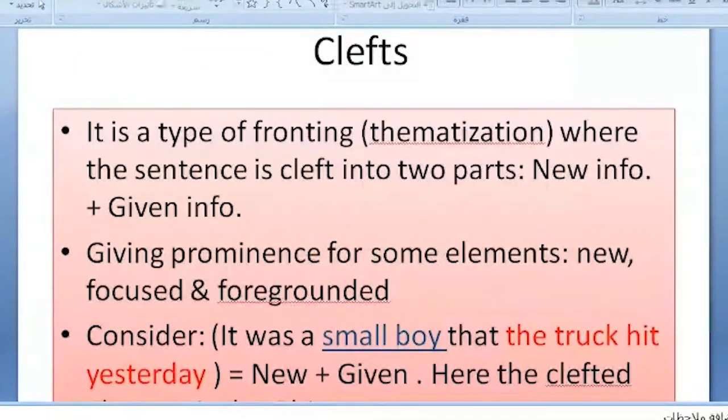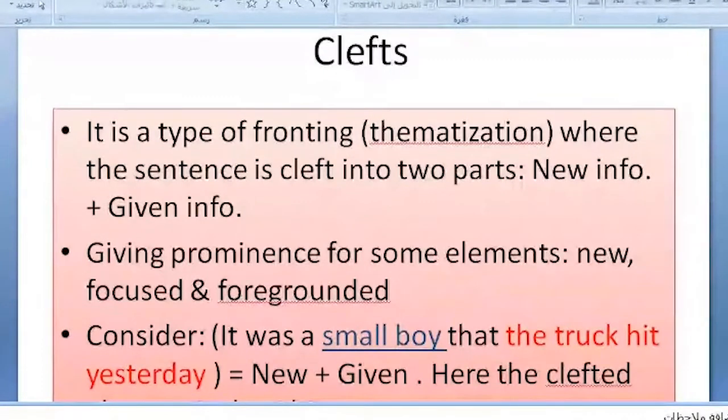So clefting in English, one of its types is it-cleft. Another type of clefting in English is called Wh-cleft. And here the picture is different from it-clefting. The picture is different in the position of new information and given information.